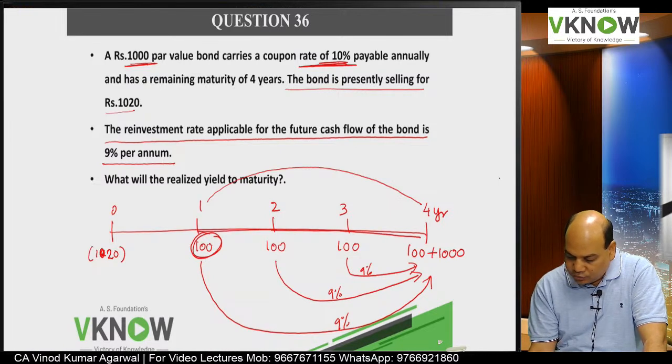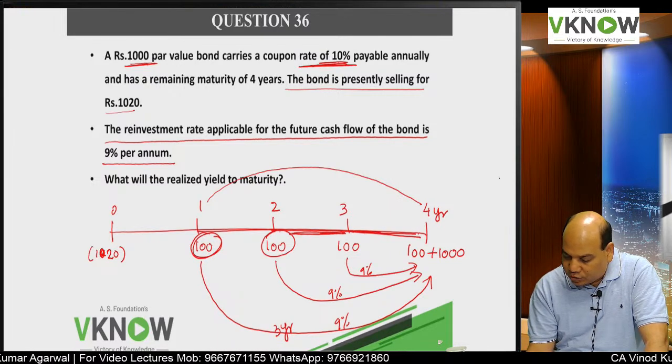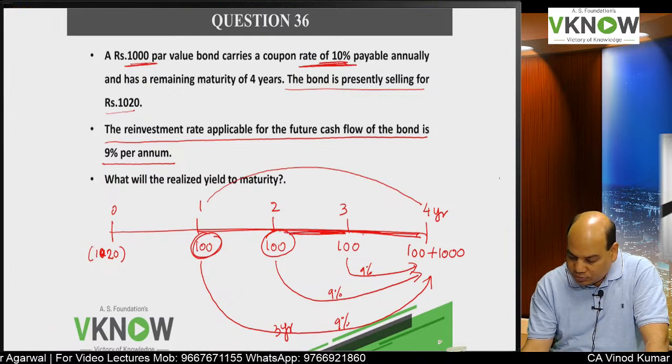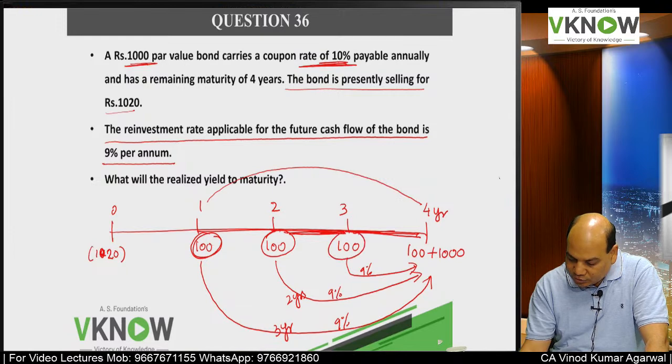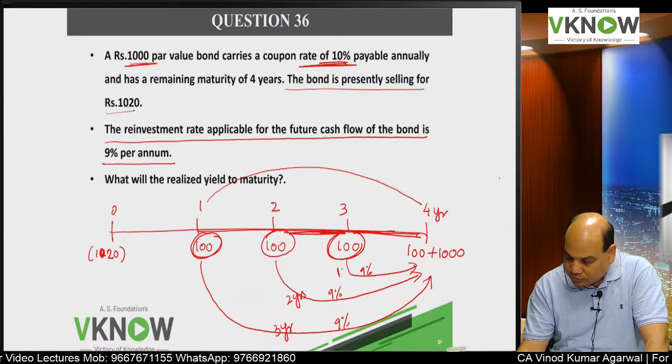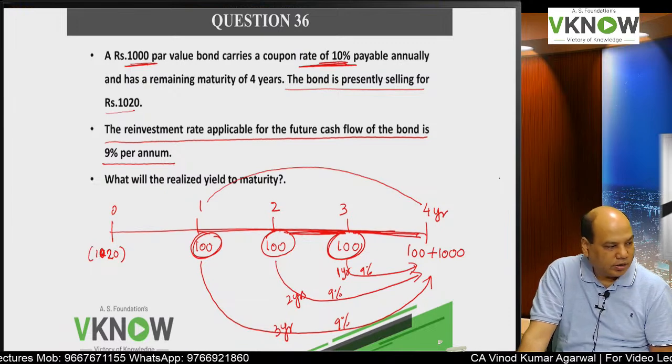1, 2, 3. So it will be invested for 3 years. Cash flow of year 2 will be invested for how many years? 1, 2. So this will be invested for 2 years. And this 100 rupees will be invested for 1 year. Is it right?